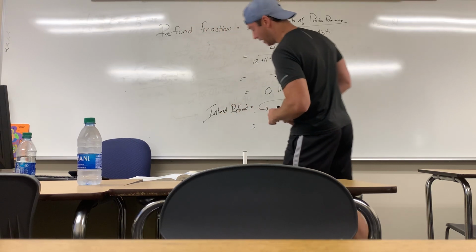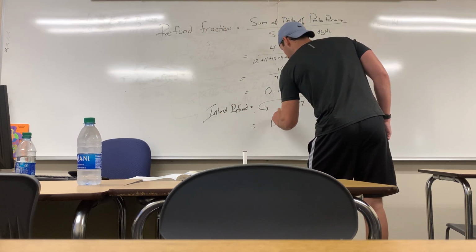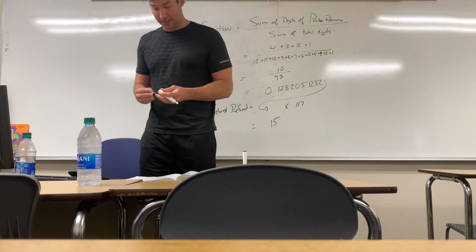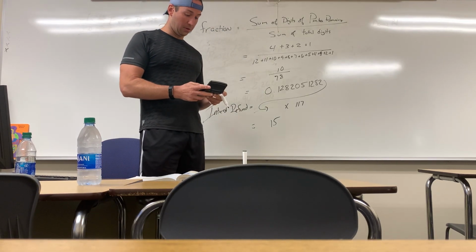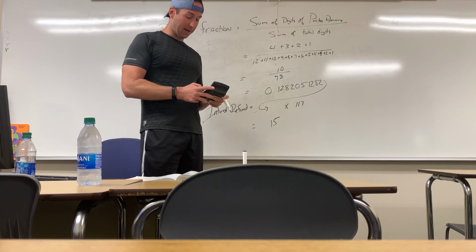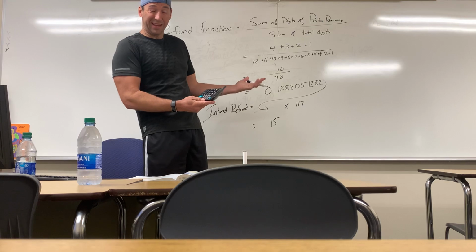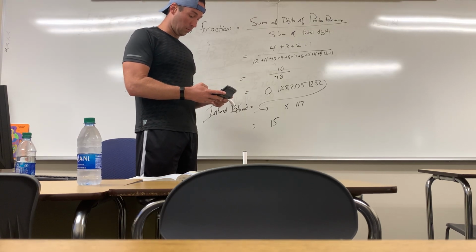apparently $15. And I'll stick that in the calculator for you real quick to see if it is rounded. The way you do that is take 10 divided by 78 equals this long number, and just leave it in the calculator, times 117.